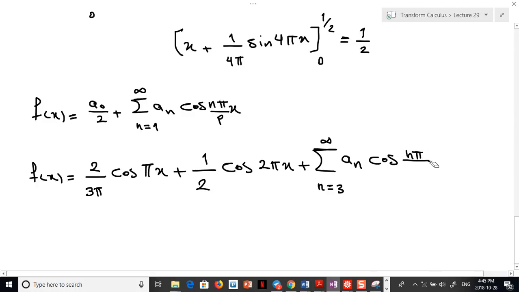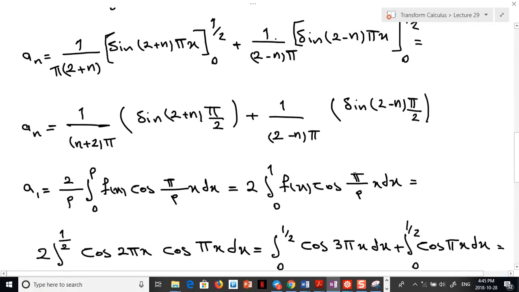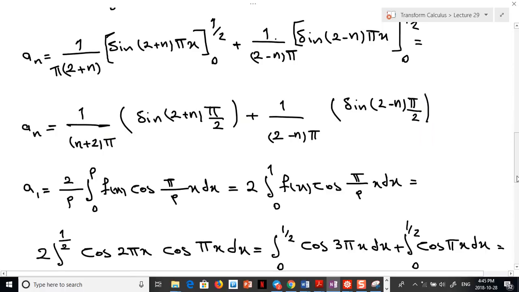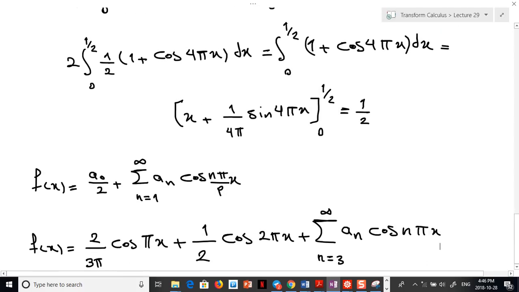P is 1, so n times pi times x. And we already found a_n. a_n is here, so you have to just plug it into this equation. So we could find the cosine series of the given function.